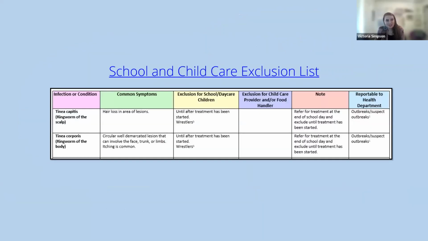So here's our exclusion list again. You can see that individuals can have ringworm of the scalp or ringworm of the body. Those with ringworm of the scalp may experience hair loss in the area where those lesions form. Those that have ringworm of the body may have circular lesions, and they can be found on the face, the trunk, or the limbs, and itching is very common.